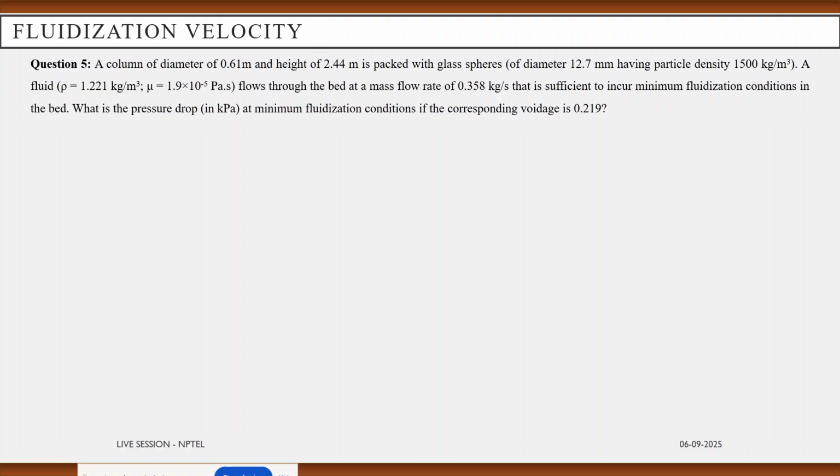Now we are going to solve the last numerical, not last. Okay, let's solve this numerical which is related to fluidization velocity.